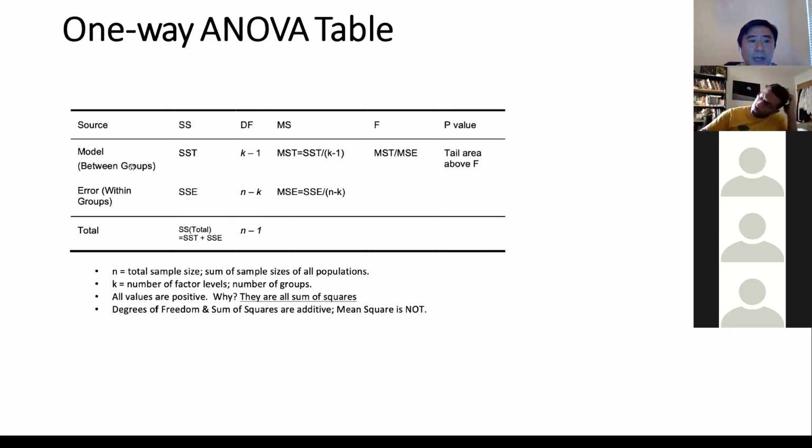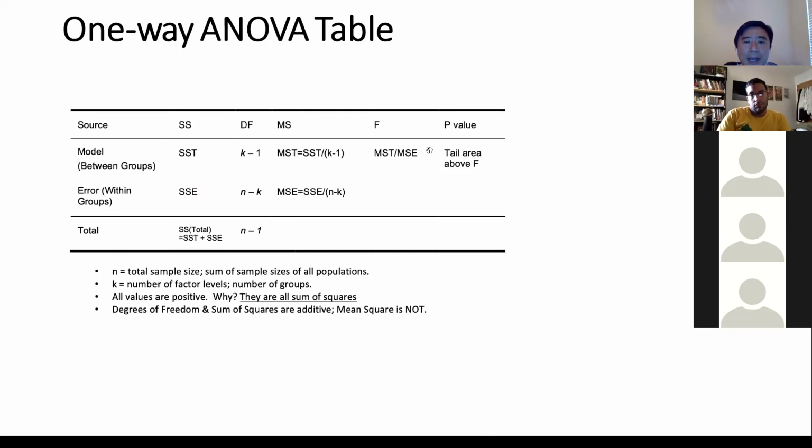You have an evaluation for the model itself. Because you only have one factor, testing the model is the same as testing that one factor. If the factor has K levels, the degree of freedom is K minus 1, because if you fix K minus 1 groups, the other group is automatically determined.